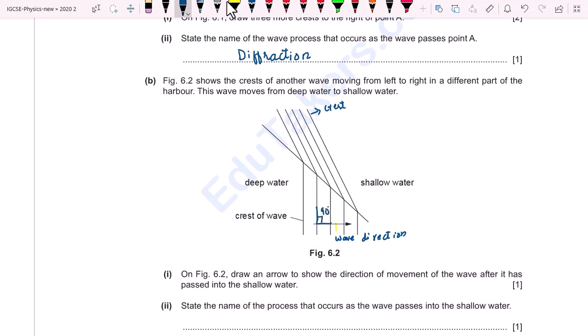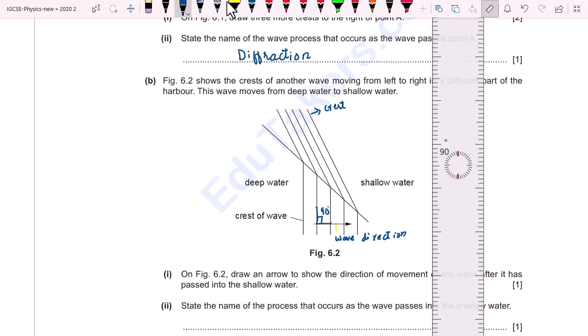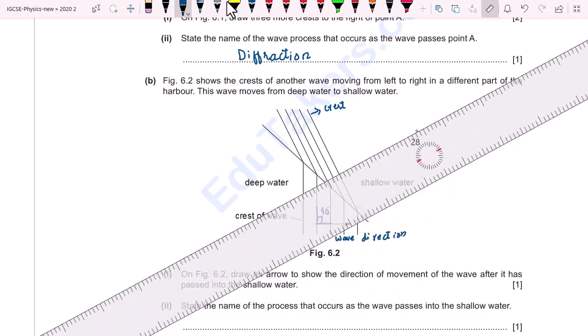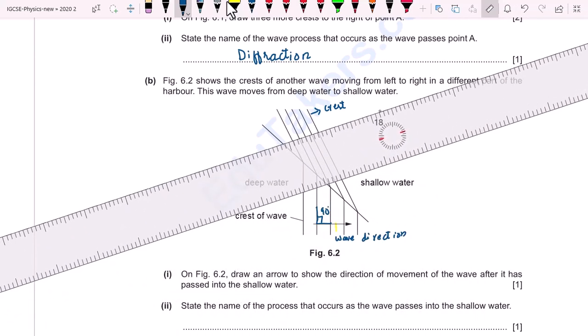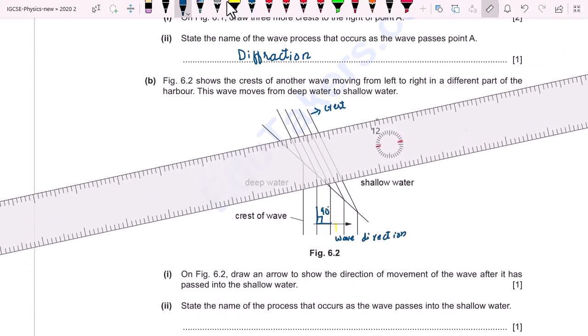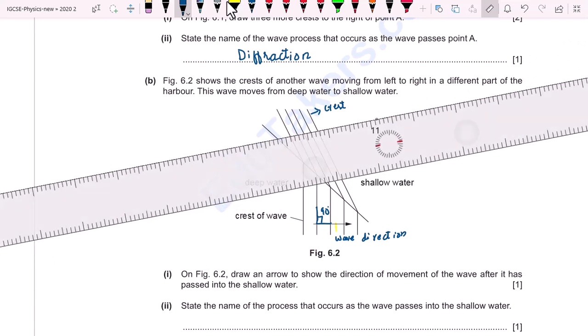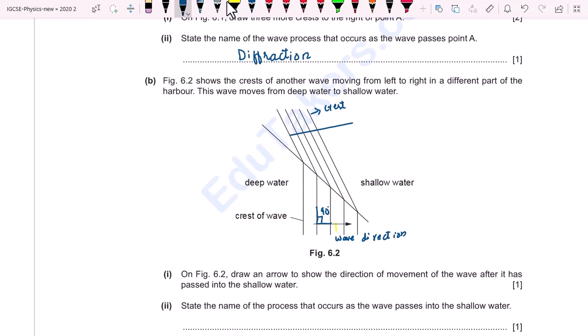So when I draw the direction of the wave at these curves, I also draw it perpendicular to these crests of the wave. So I again use a ruler and set it at this angle. So I draw the line here. This is the direction of the wave.